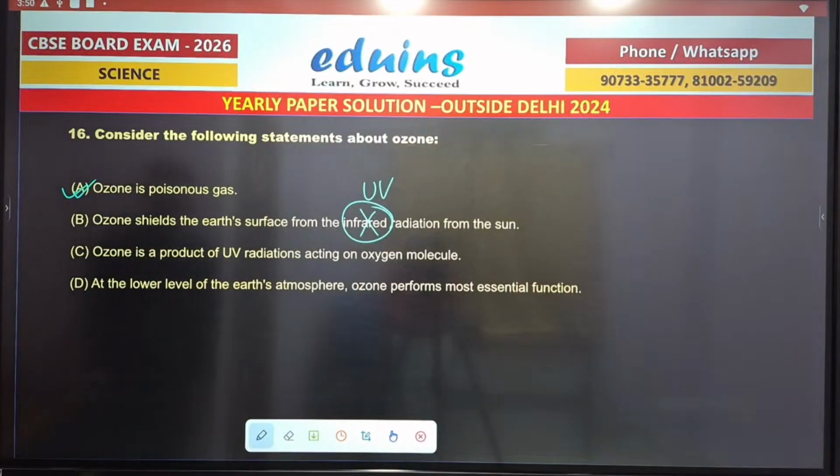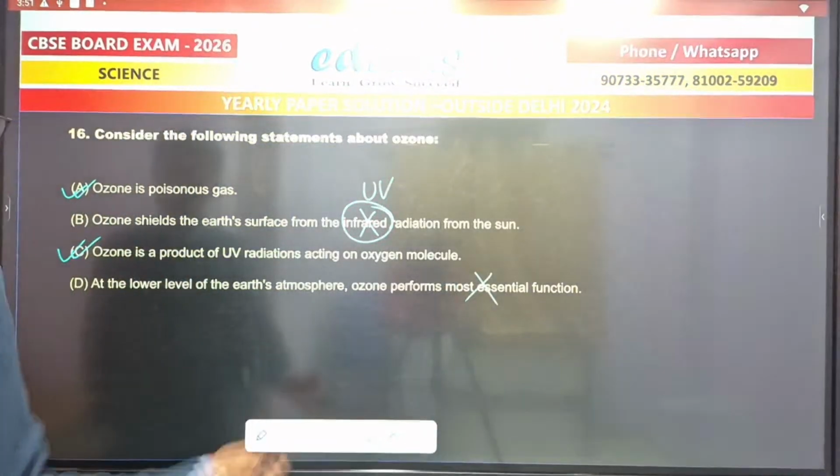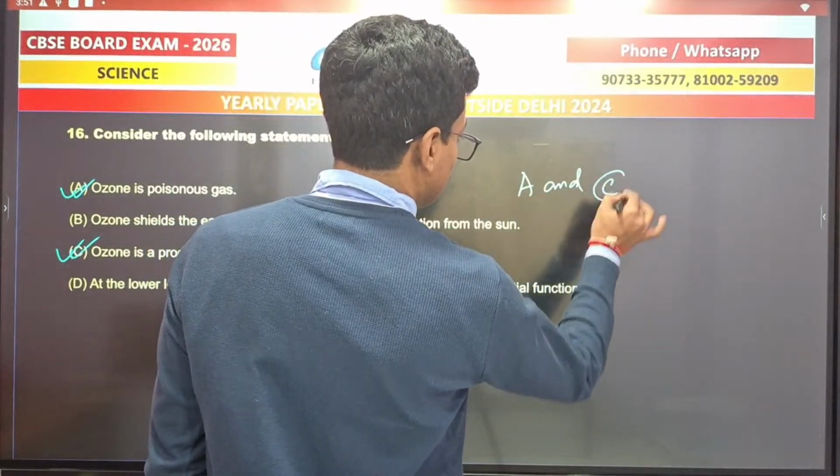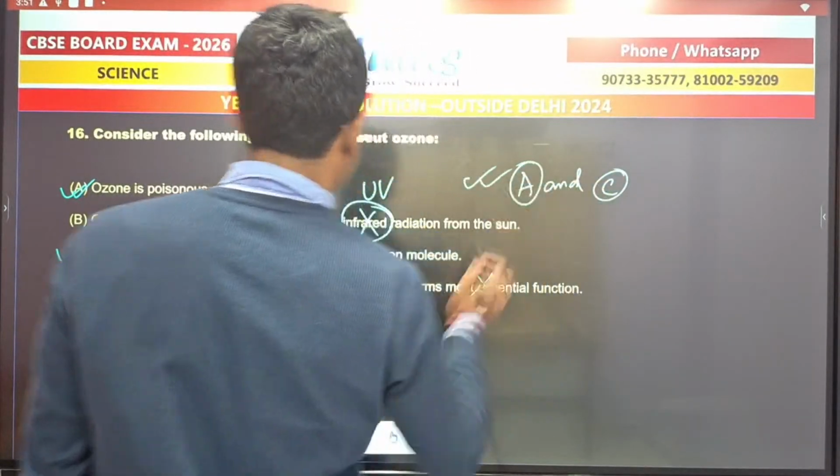Option C, ozone is a product of UV radiation acting on oxygen molecule. This is also correct. And option D, at the lower level of Earth's atmosphere, ozone performs most essential function. No, this is not correct. So options A and C are the correct answer.